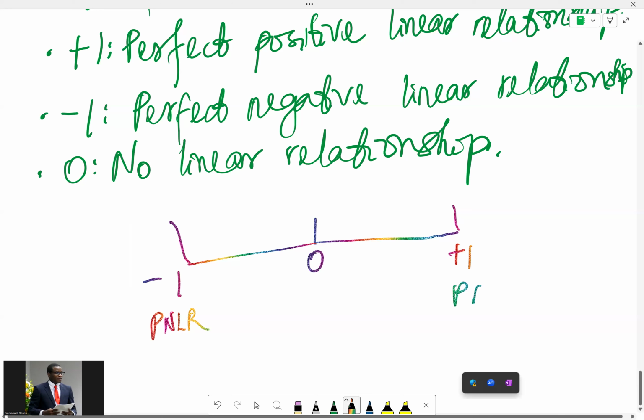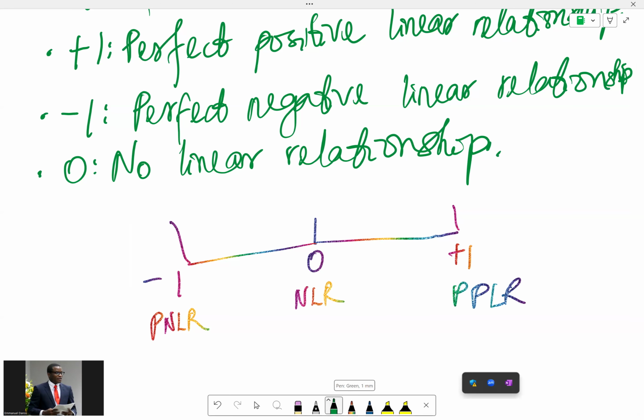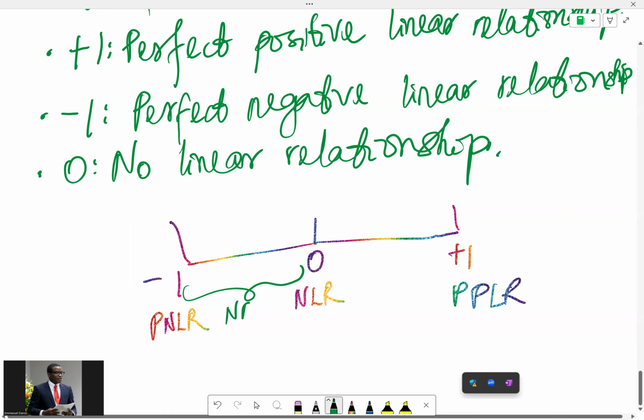This is perfect positive linear relationship, and this is no linear relationship. So what happens in between? This side is all negative relationship.